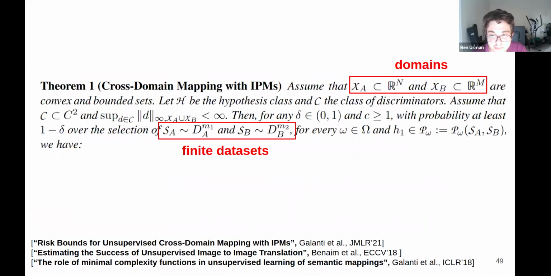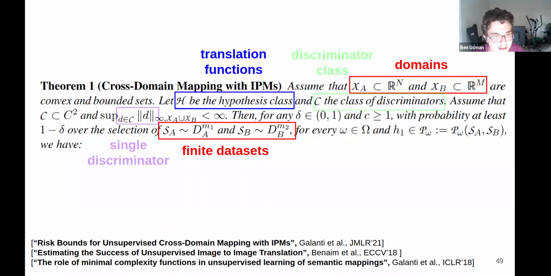Okay, so first of all, some notation. XA and XB are our domains. SA and SB are finite data sets sampled from respective domain distributions. H is the set of possible translation functions. C is our discriminator class. D is a single discriminator.